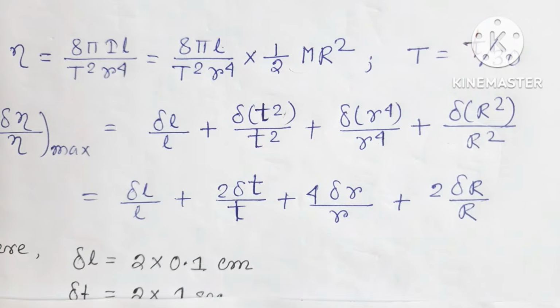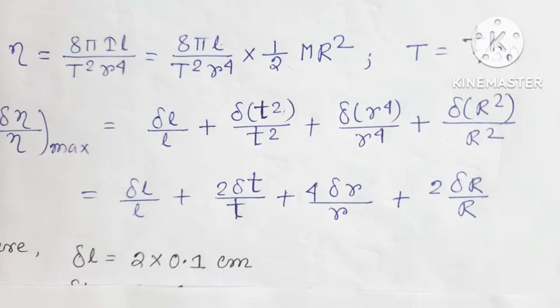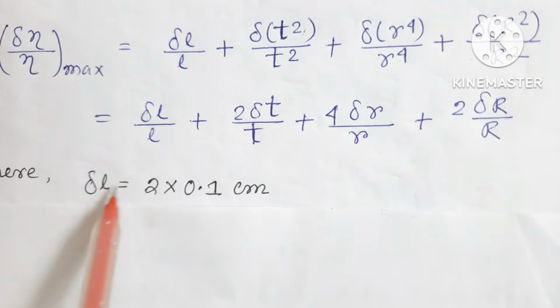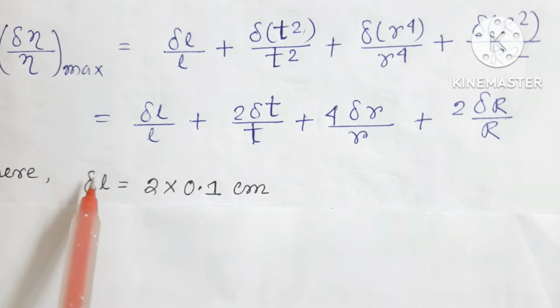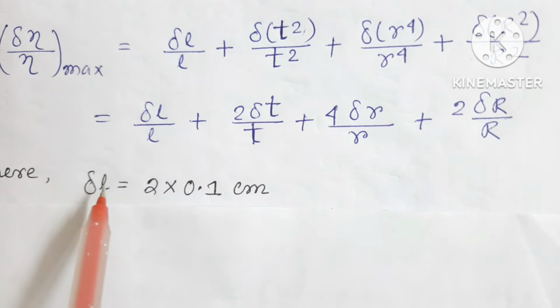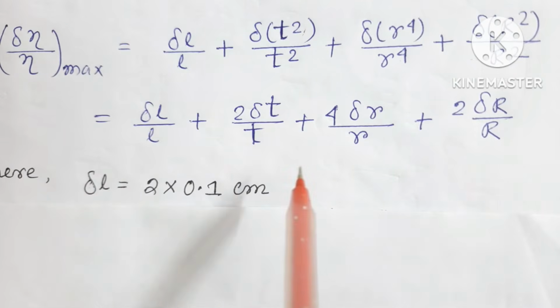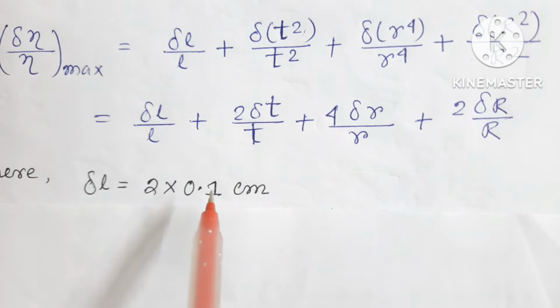So how can we get the information about delta L? What is the delta L? Delta L is the error in length measurement, and we have measured this length using the meter scale. As we know, the smallest division of the meter scale is 0.1 centimeter.